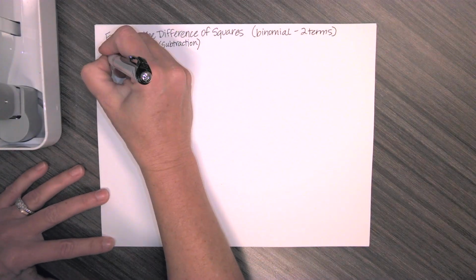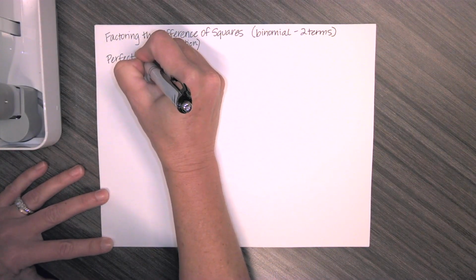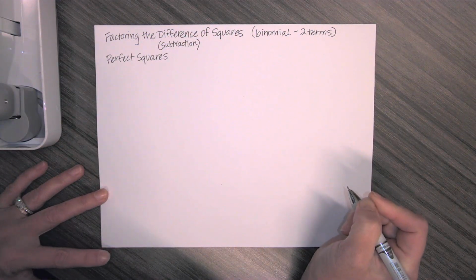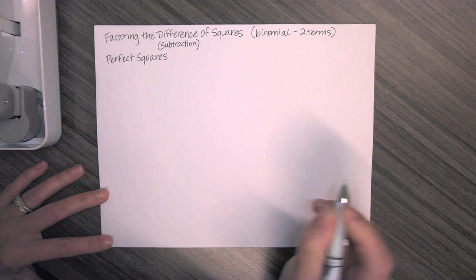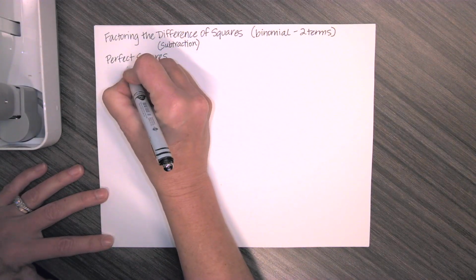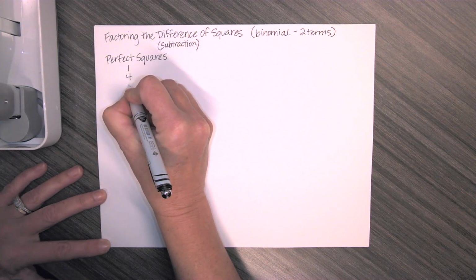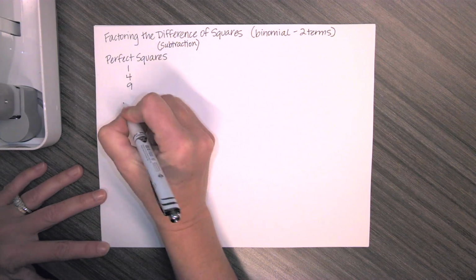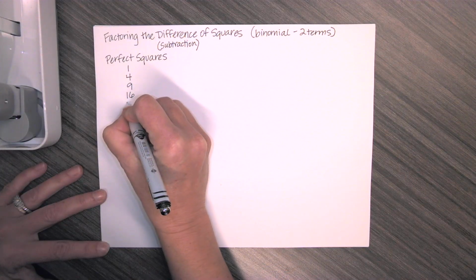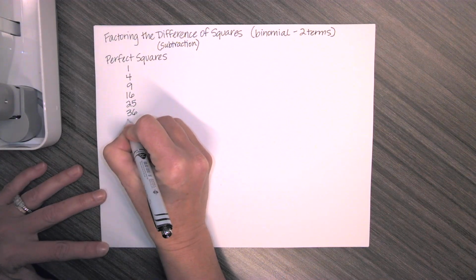So let's talk about what a perfect square is. First, we can make a list of our perfect squares. Perfect squares are numbers that we get when we square a number. So when we square 1, 1 squared is 1, 2 squared is 4, 3 squared is 9, 4 squared, or 4 times 4 is 16, 5 squared, 6 squared, and so on.